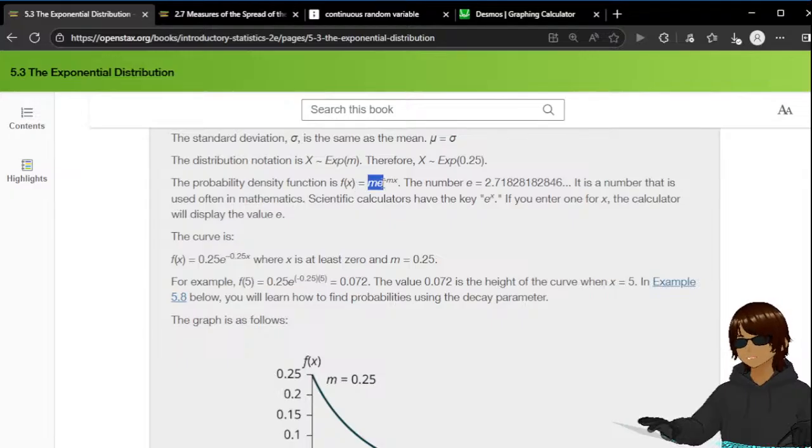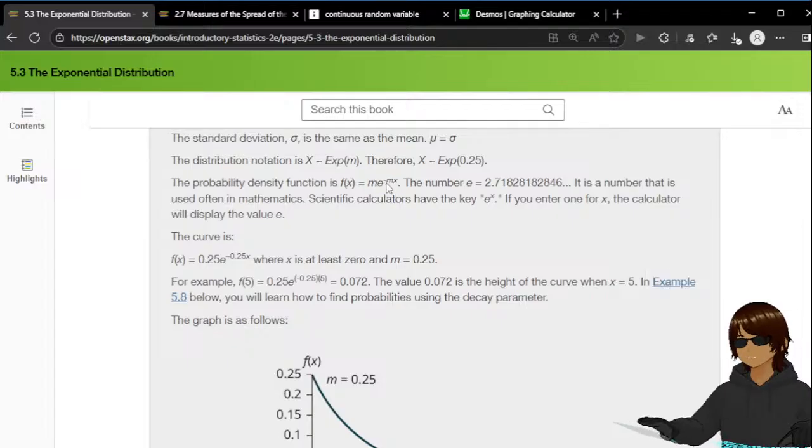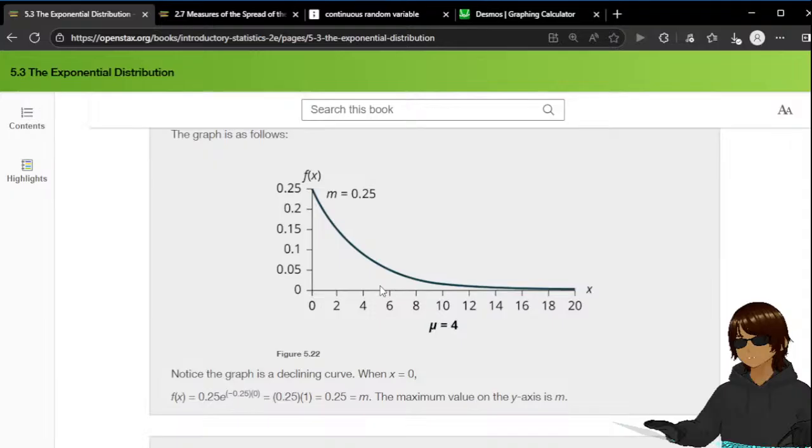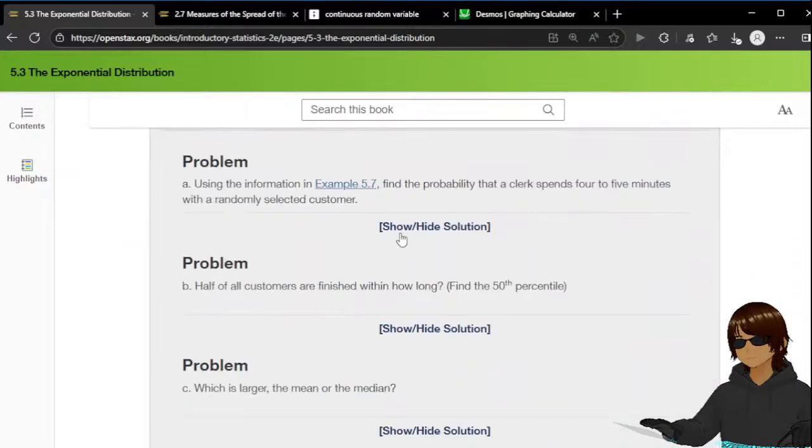So we need to integrate this between 4 and 5, given that m is equal to 0.25, right?